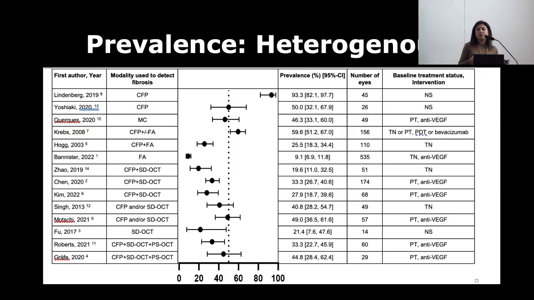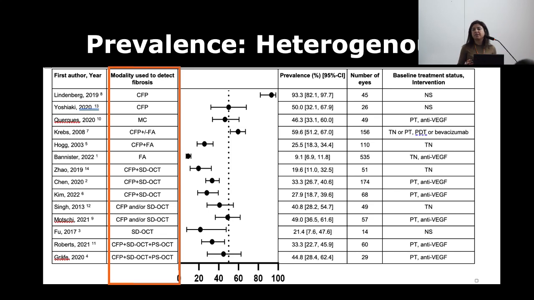So let's move now to the more clinical point of view and review the incidence and the risk factors. It's very hard to combine all the studies about the prevalence of fibrosis because they are very heterogeneous. Mainly this heterogeneity comes from different study populations, for example, randomized clinical trials or real-life experience, but also from the modality used to grade fibrosis.